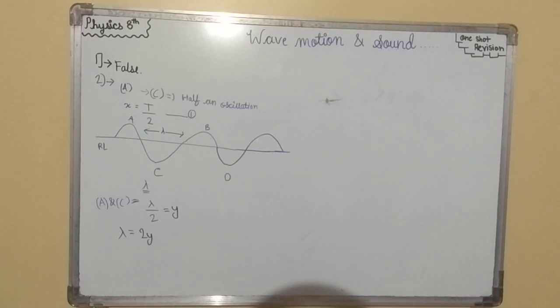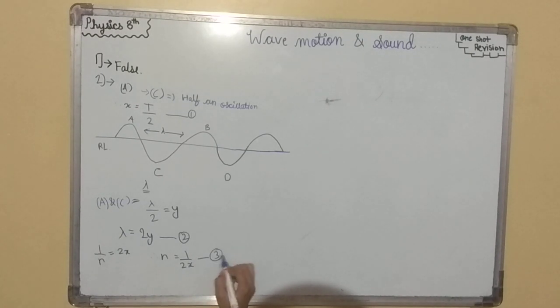This will be the second equation. Then 1 upon n is equal to 2x. Therefore, n is equal to 1 upon 2x.